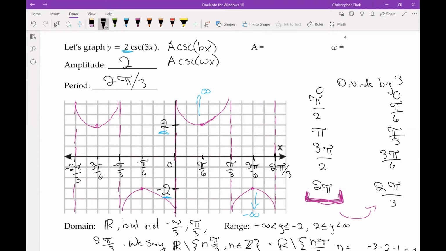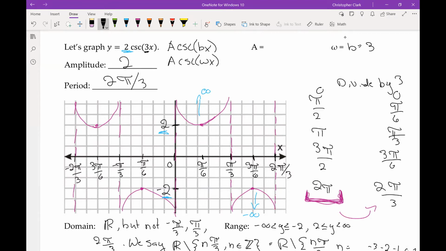So the only thing that matters is that you figure out what this 3 is doing, right? So I would say omega equals b equals 3. Now, if you remember, the equation for figuring out your period is 2 pi over b, or as it shows up in your book, 2 pi over omega, which gives us 2 pi over 3.